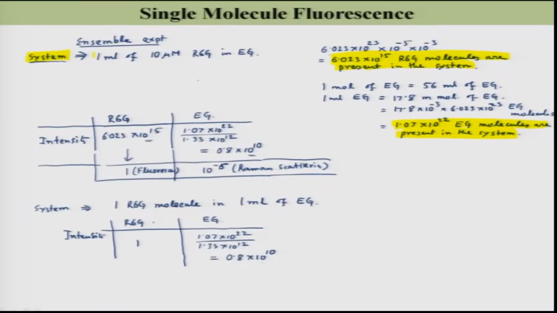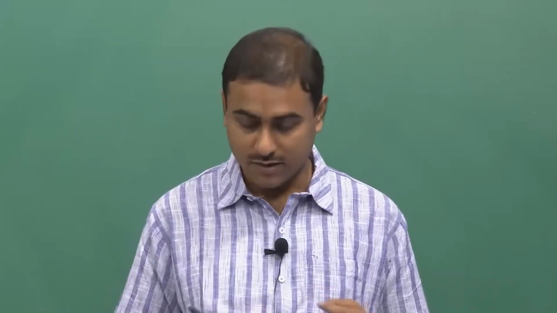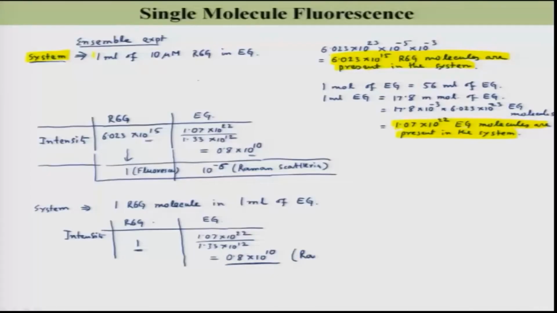Now, you see this is 10^10 and this is 1. So fluorescence intensity is negligible compared to the Raman scattering. So here Raman scattering is much more than the fluorescence.